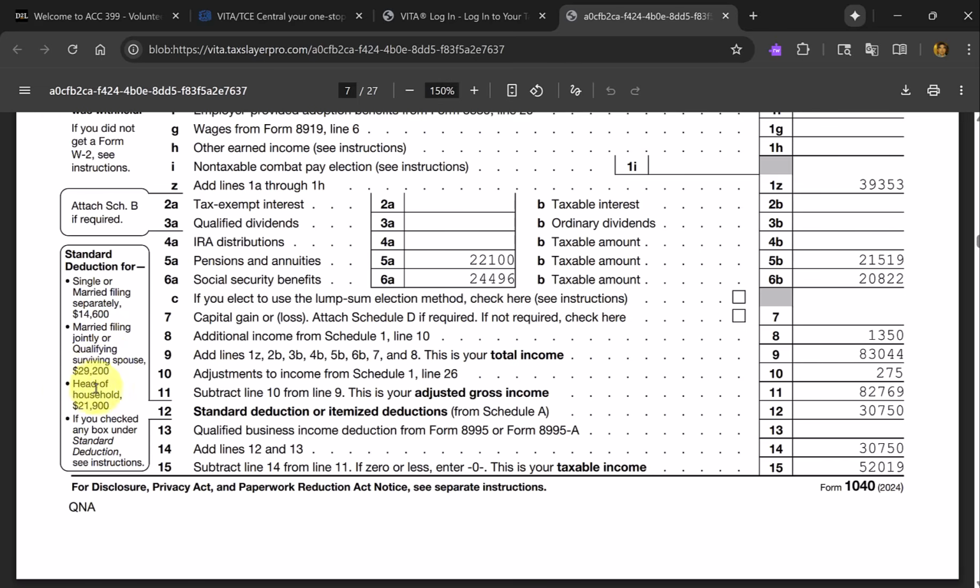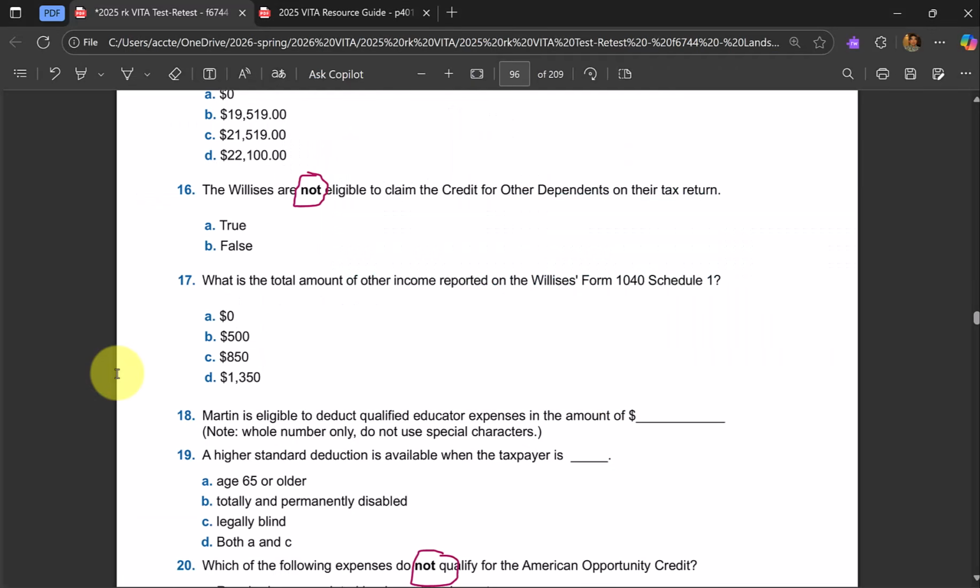You got to look in the instructions to see an additional amount. And again, this is 2024 standard deduction. Your 2025 standard deduction is going to be larger, plus the additional amount for Yvette being age 65 or older. So we weren't asked the dollar amount, but here, higher than normal because of age 65 or older, yeah?